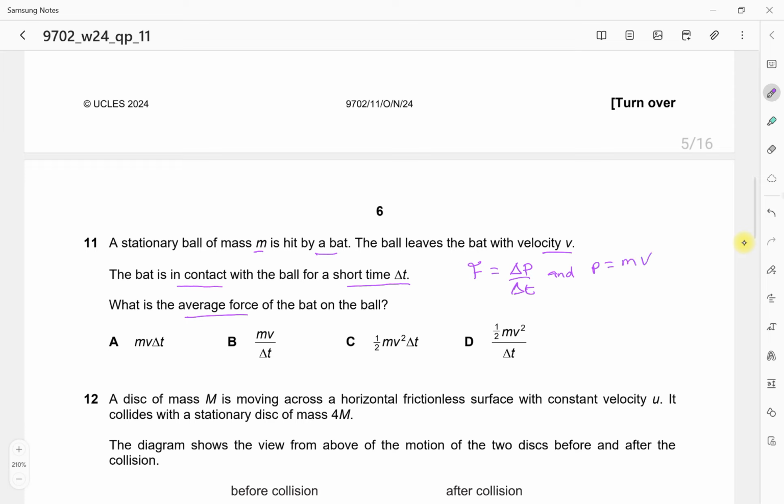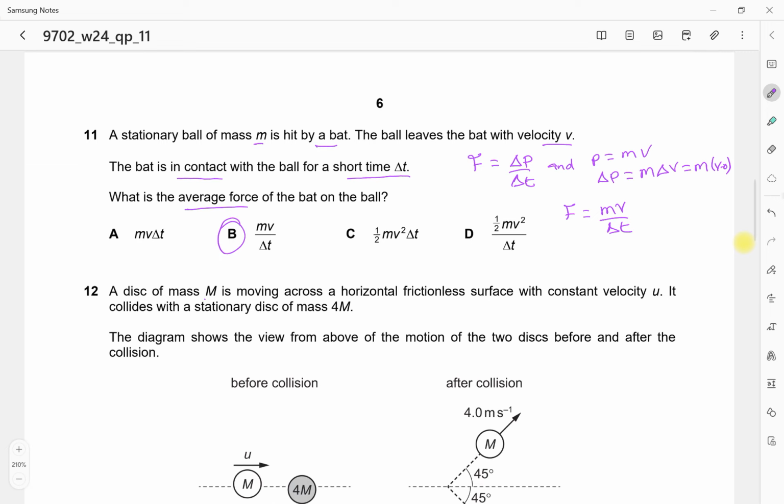Because it starts from rest, then it gets velocity v, the change in momentum is simply mass times the change in velocity, which is m times v minus 0, which is mv. So the force is the change in momentum, mv, divided by delta t. So the answer is B.